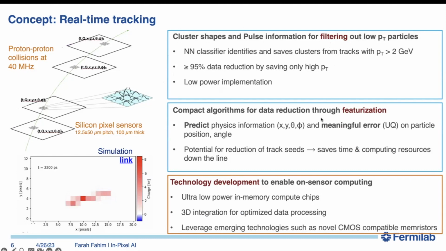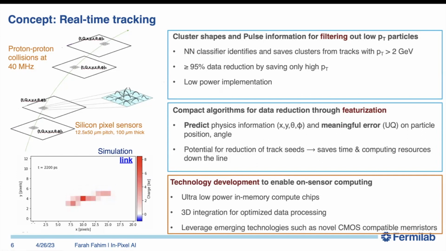Then the next step is, could we develop a compact algorithm for going beyond the filtering and doing data reduction through featureization? Essentially, in the vertex detector, you are trying to predict the fine XY coordinate, finer than the pixelation size, based on the charge sharing of the cluster of pixels, along with the theta and phi angle, so that instead of sending the raw information, you could send predicted information, which could then be used later on, say, in your trigger algorithm.